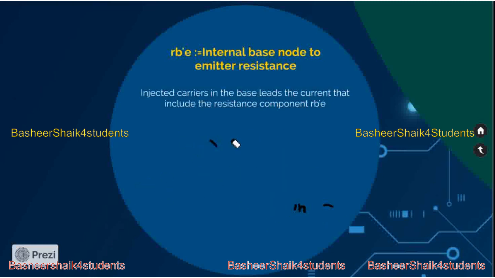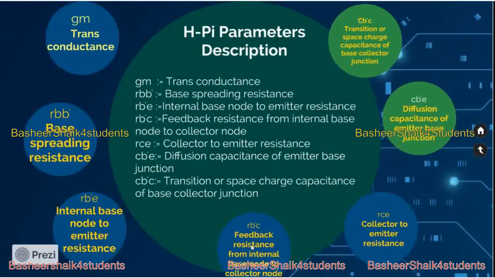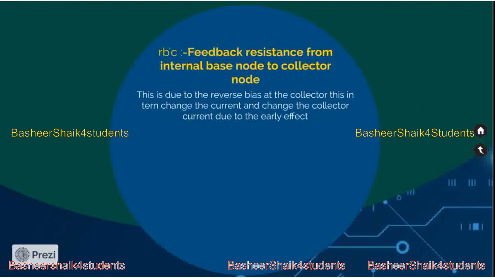Now we move to another one, RB'C, the resistance that exists between the internal base terminal and the collector. We know the base and the collector are always in reverse bias, and due to this reverse bias some resistance arises due to the early effect.